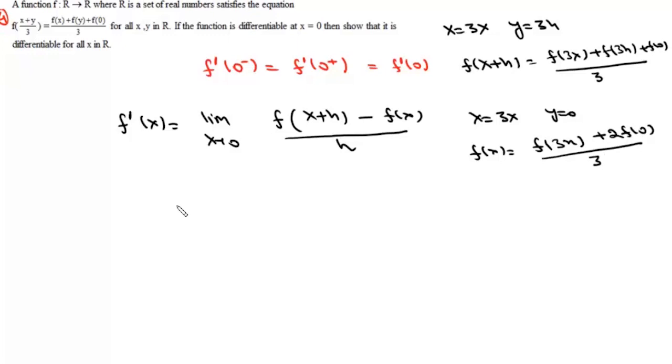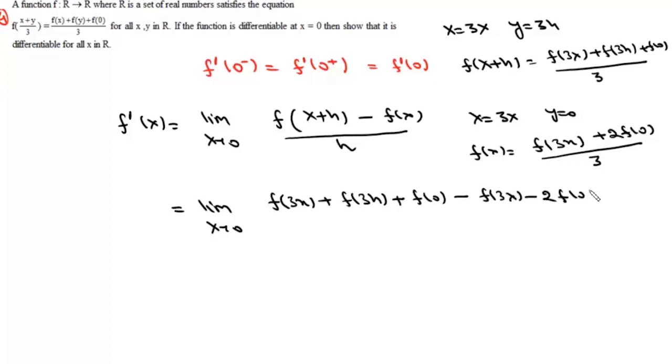So now we can write this f dash x as this limit h tends to 0 of f(3x) plus f(3h) plus f(0) minus f(3x) minus 2f(0), whole divided by 3h.